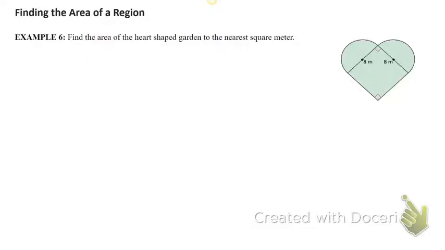So we can separate this problem into finding the area of the square and finding the area of the circle. Two semicircles equals one full circle, and then adding those areas together. Go ahead and get started on that.